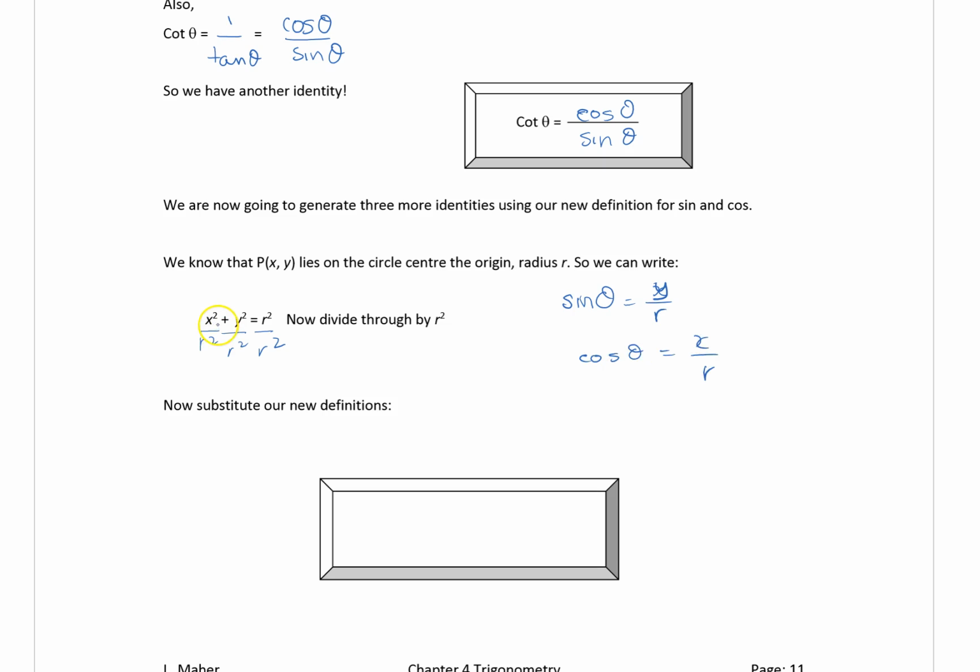So you can see that x squared on r squared is the square of this situation, which would give us cos squared would be x squared on r squared.